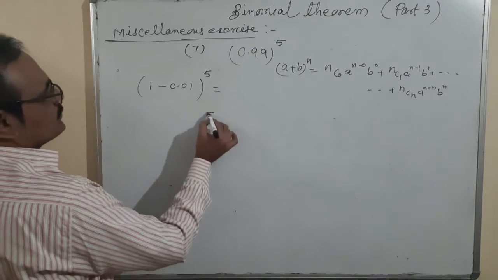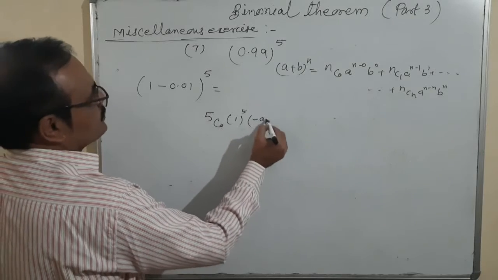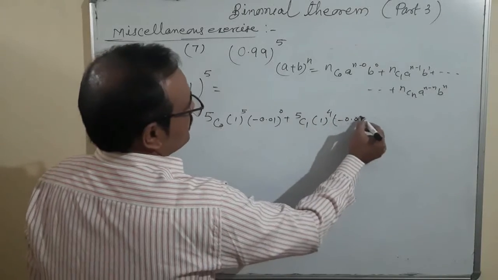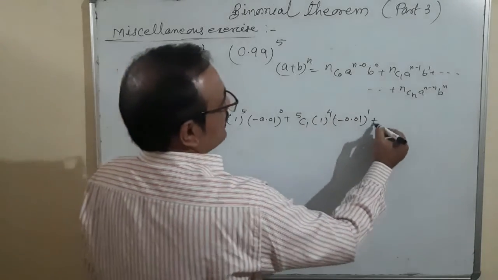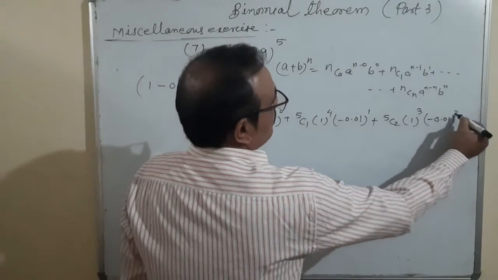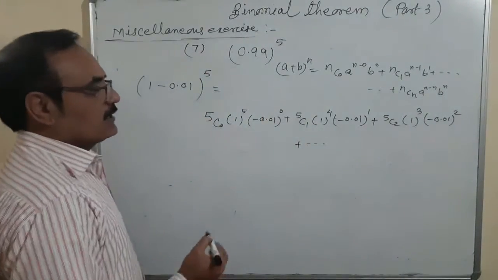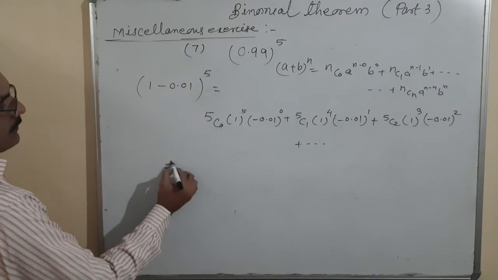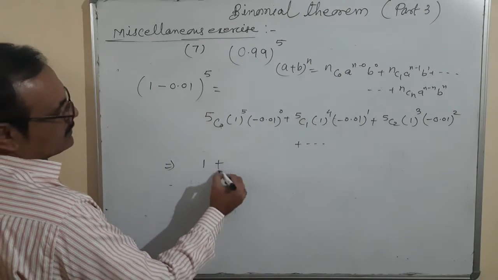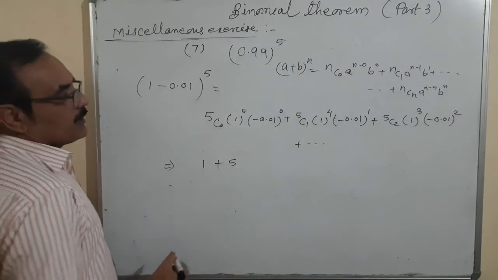We will use it. So 5C0 1 to the power 5 minus 0 that is 5, and minus 0.01 to the power 0, plus 5C1 1 to the power 4 into minus 0.01 to the power 1, plus 5C2 1 to the power 3 into minus 0.01 to the power 2. 1, 2, 3, because they are saying to use only the first 3 terms of the expansion. 5C0 is 1, 1 to the power 5 is 1, so the result is 1 plus 5C1 which is 5, 1 to the power 4 is 1, into minus 0.01.